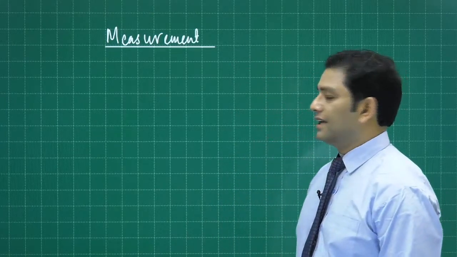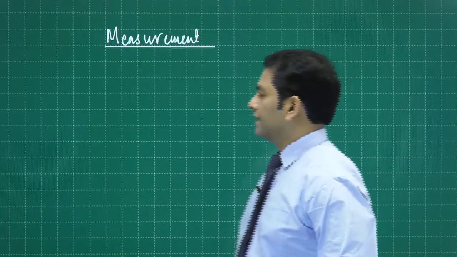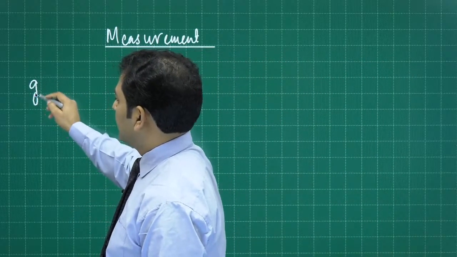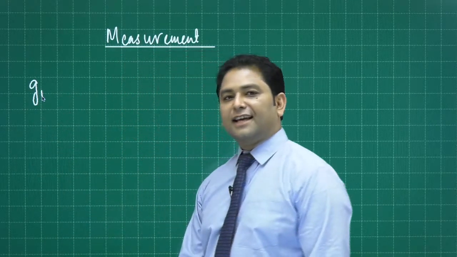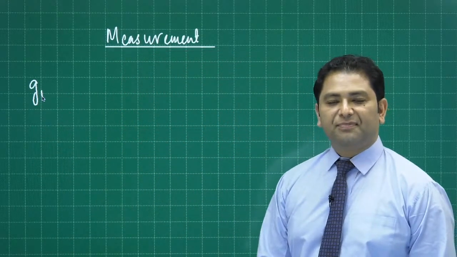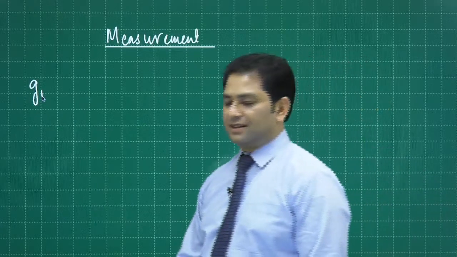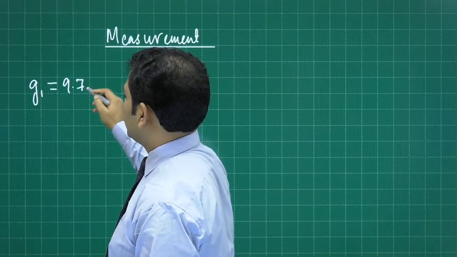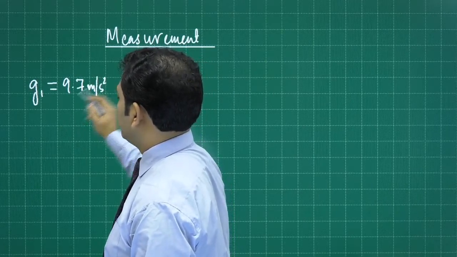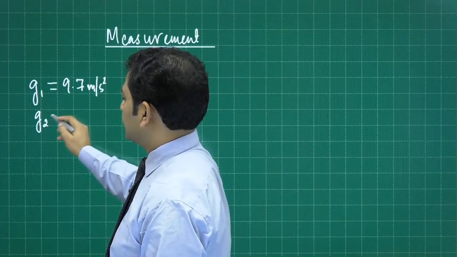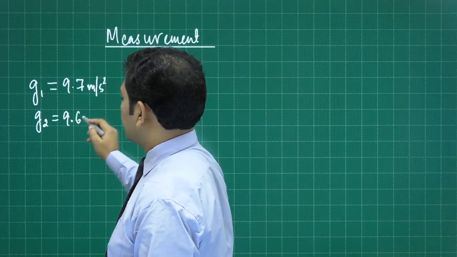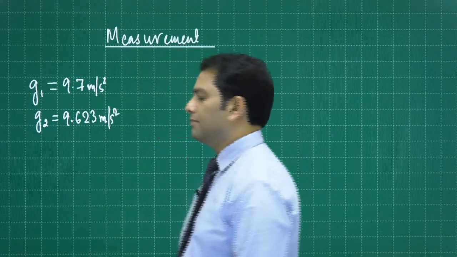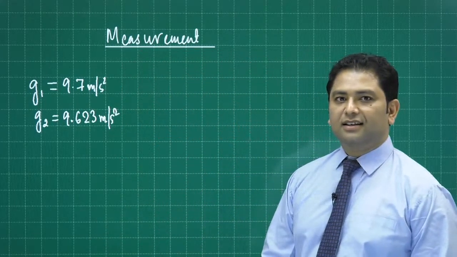Now let's try to understand. Let's consider the measurement part. Say a person is measuring acceleration due to gravity. The first person measures the value as 9.7 meter per second square. The second person measures acceleration due to gravity and gets 9.623 meter per second square.